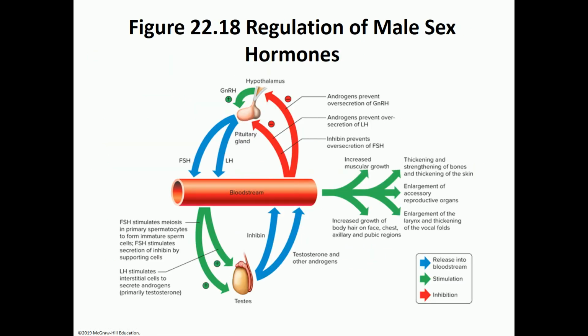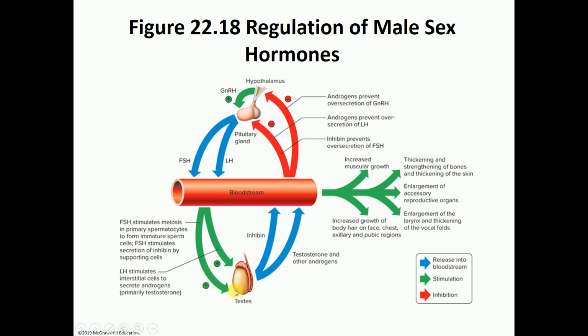So let's take a look at the whole process in a diagram where you have the hypothalamus releasing gonadotropin releasing hormone, stimulating the anterior pituitary. The anterior pituitary will then release its two hormones. It will release FSH.